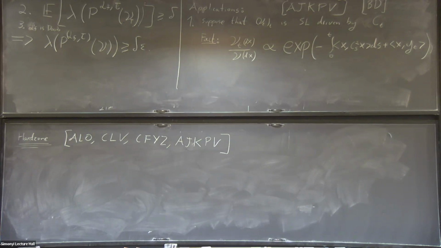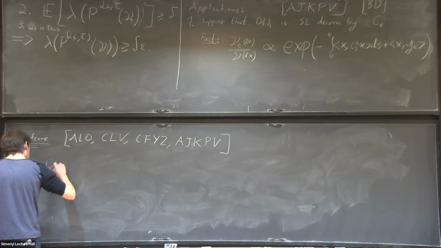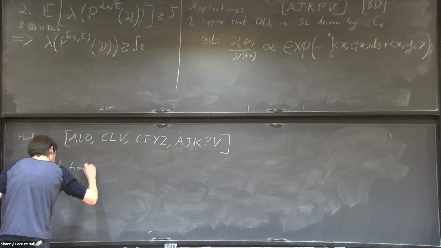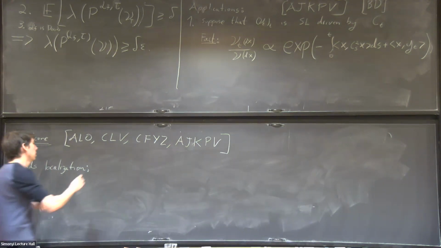The idea is to use another localization scheme that's very useful for the hardcore model, and we call this the fields localization. It's also a linear tilt localization. This is a family of localization schemes defined as follows.